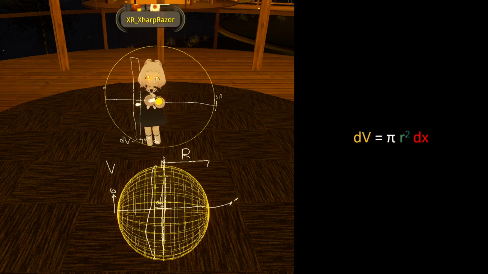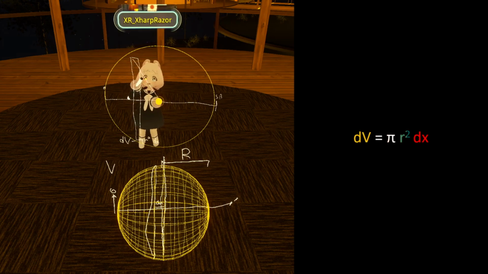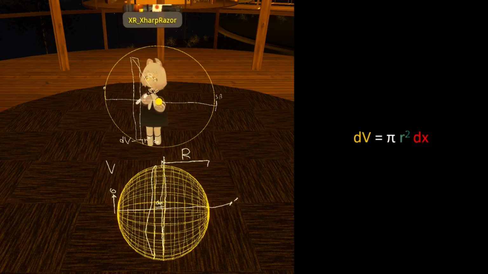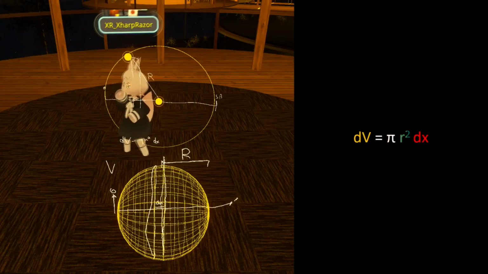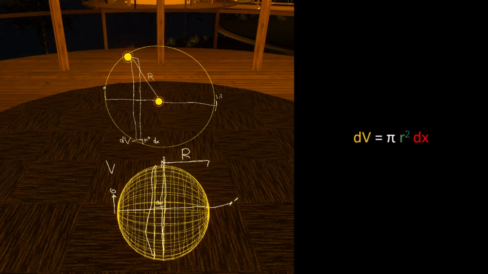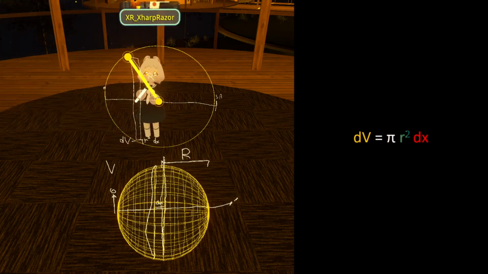So if we just have our r over here, there we go. This is our radius.